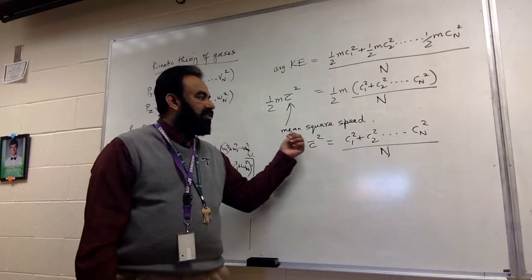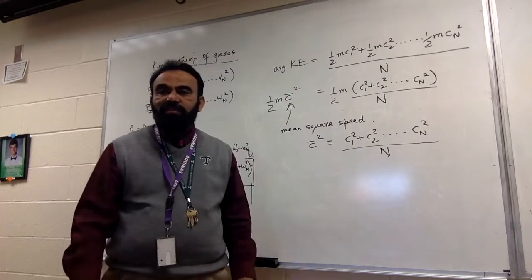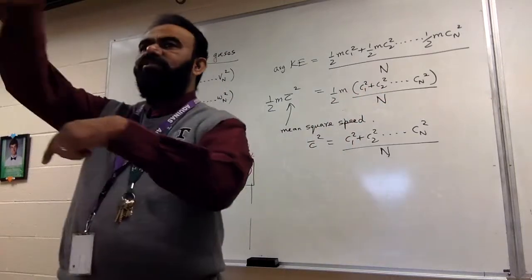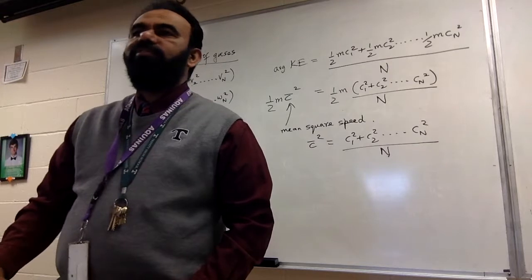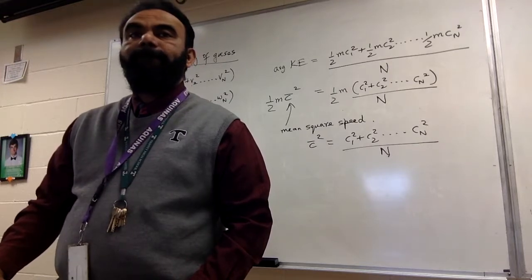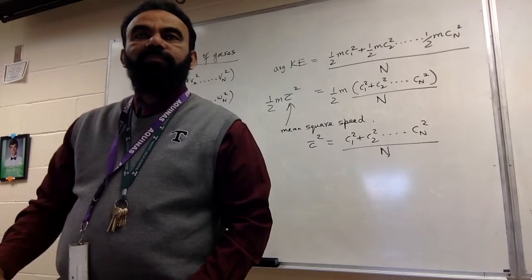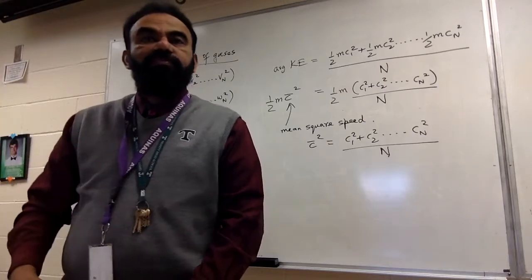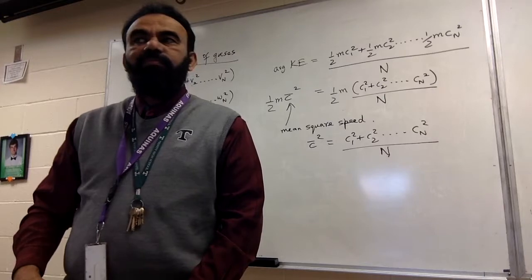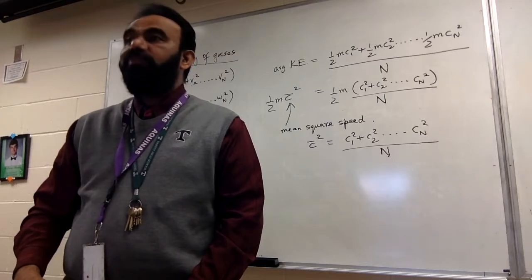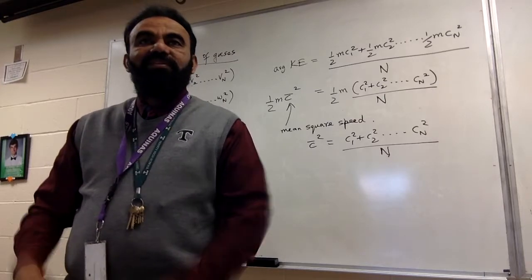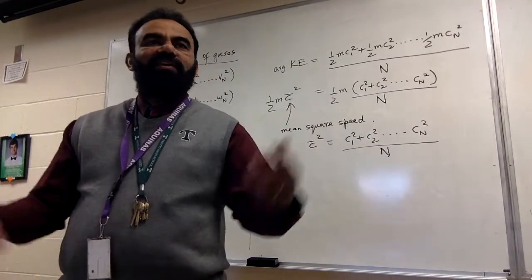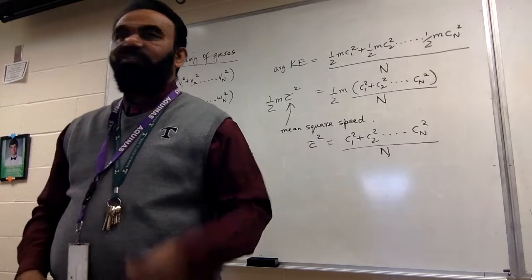Why do we need to focus on this mean square velocity and not just mean velocity? What's the average velocity of all the molecules in this room? If I ask you this question, what is the average velocity of all the molecules in this room? Zero. Yet there is kinetic energy. So how do you relate average velocity with the kinetic energy?